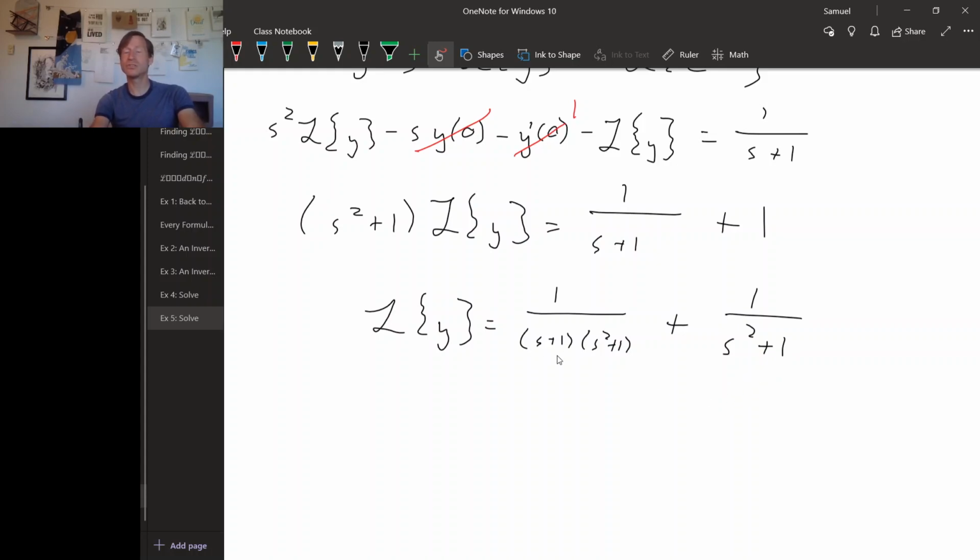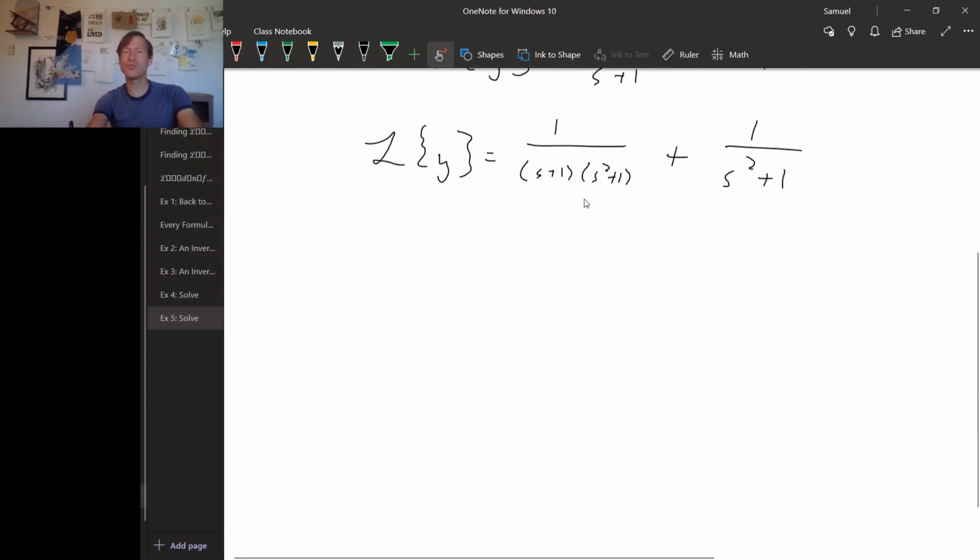Okay, as usual, to take an inverse Laplace transform, we're going to have to work out the partial fractions decomposition of this first term on the right-hand side. So let's just do that now. So let's set this equation to the side for a moment and work out this partial fractions decomposition. I'll do it maybe a little faster than usual.